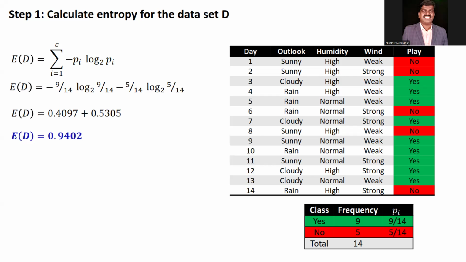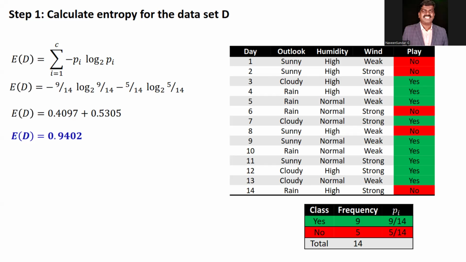And then humidity, which is high or normal. And then wind, which is either weak or strong, and based upon that, play is yes or no. So that is how we are going to calculate the entropy.